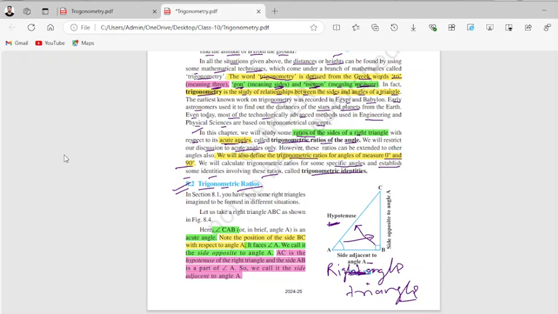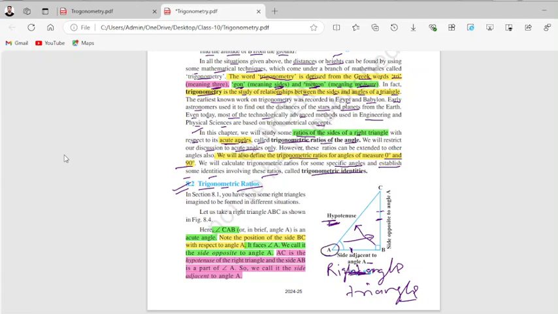So AC will be the longest side of this triangle. That's why it is called the hypotenuse of this right angle triangle, and this side is perpendicular to this side. So this is the perpendicular, and this is the adjacent side of angle A.